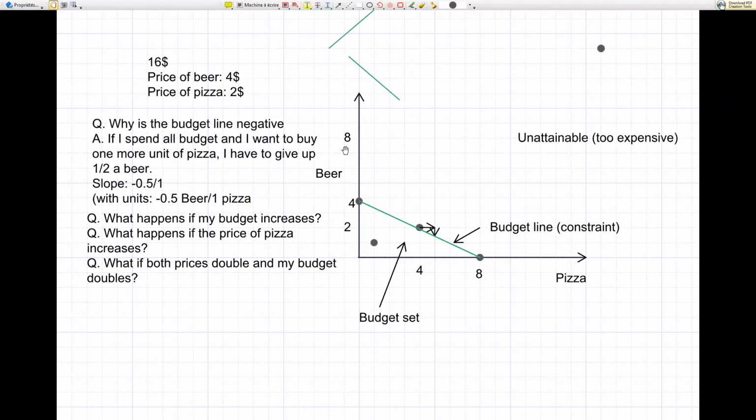So again, let's ask ourselves, if my budget goes from 16 to 32 and I decide to buy 0 beer, how many pizzas can I buy at most? 16 slices, because you have double the budget. Yes, exactly.